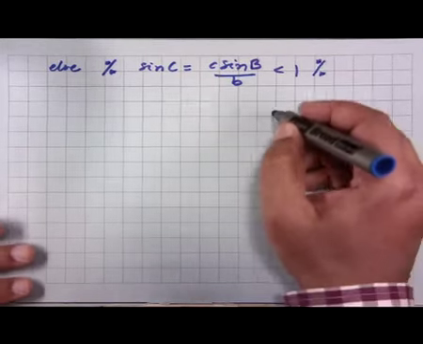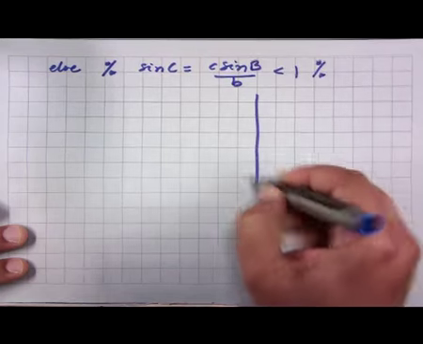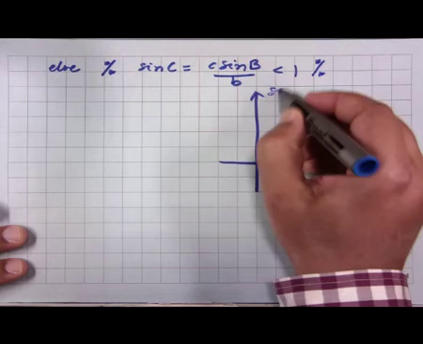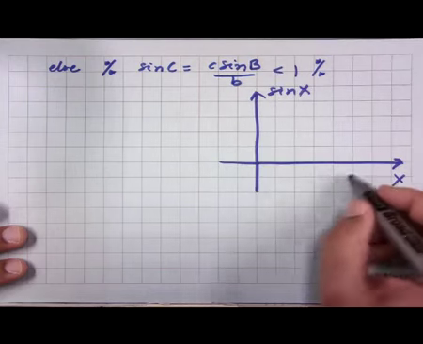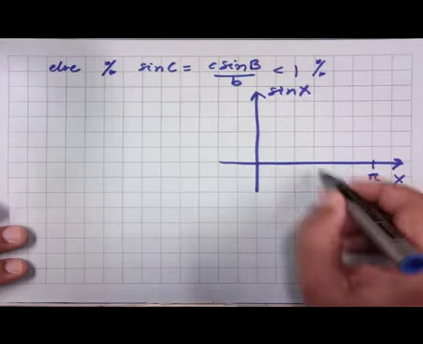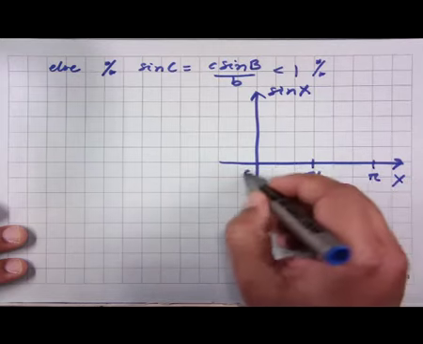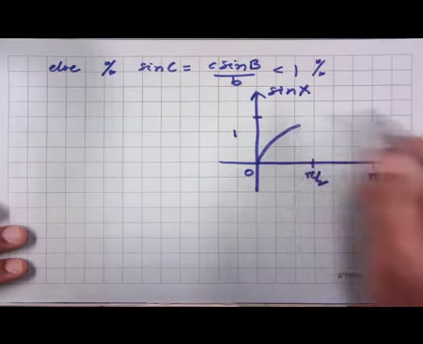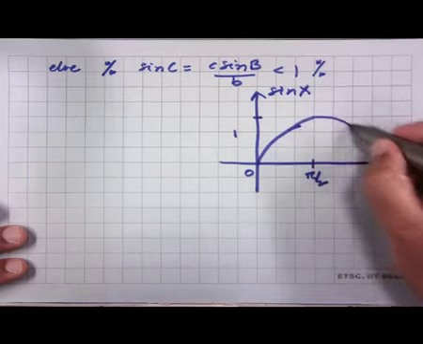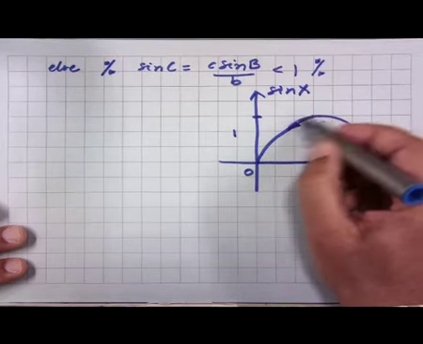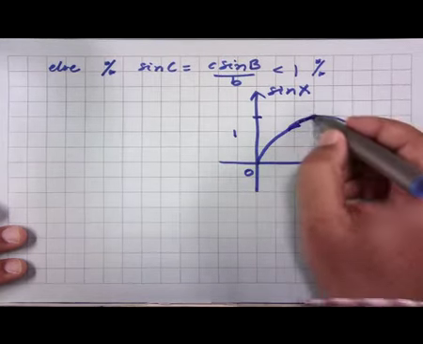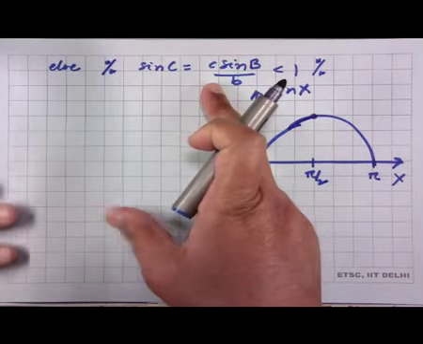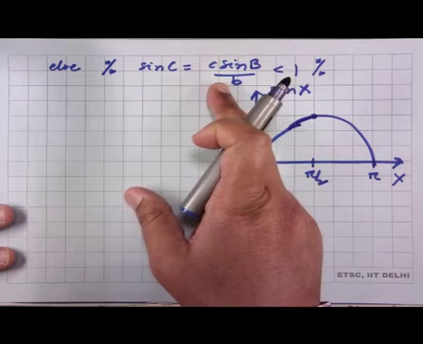Now, from the graph of the sin x function which we are plotting here, this particular value of sin C is between 0 and 1.